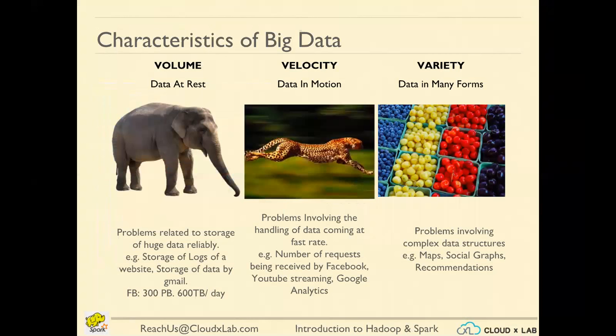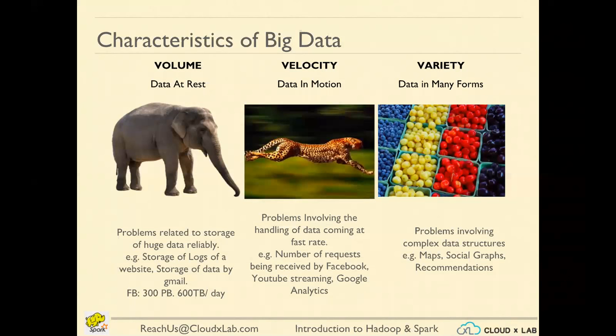The first characteristic of data is volume. What does volume mean? Volume is essentially the data at rest, meaning the data that stays there on the disk when we turn off the computer. Sometimes there are problems related to storage of data. When it becomes impossible to use a single computer to store your data, then we call that big data because of the volume.